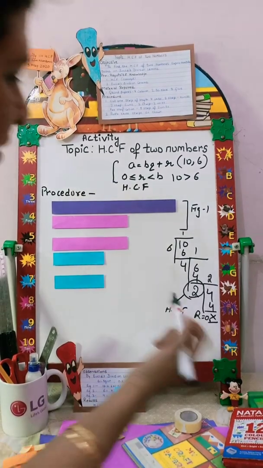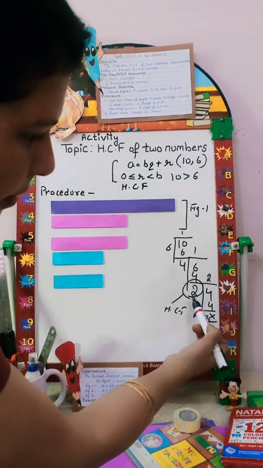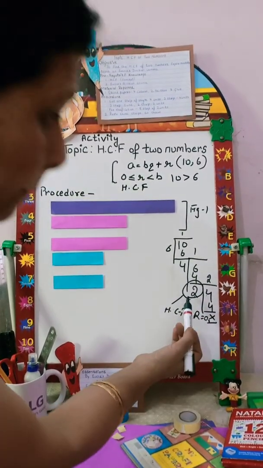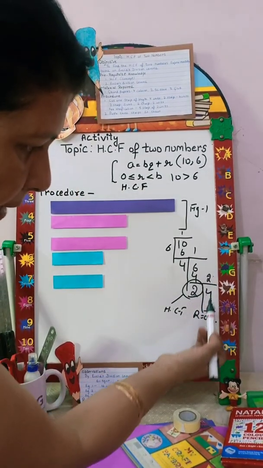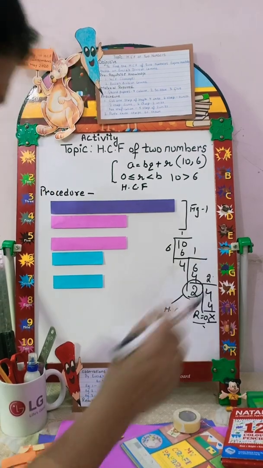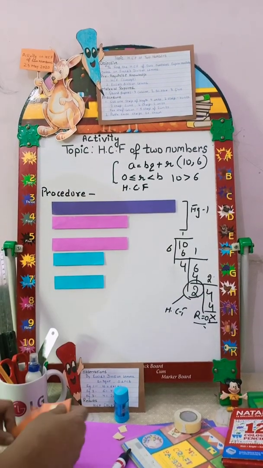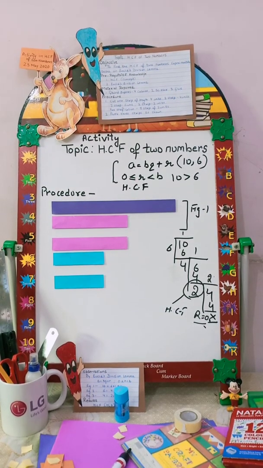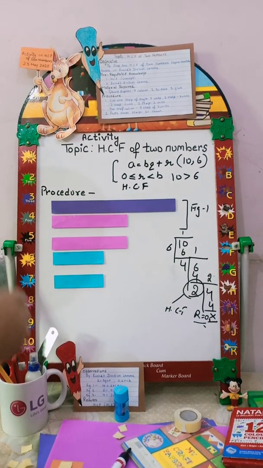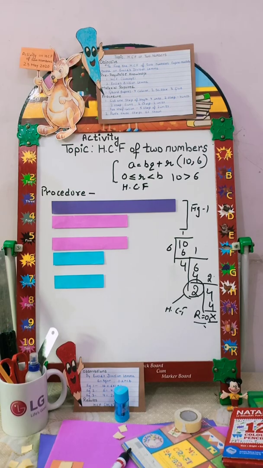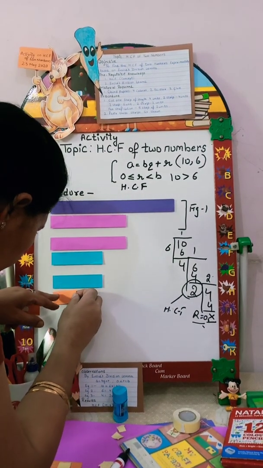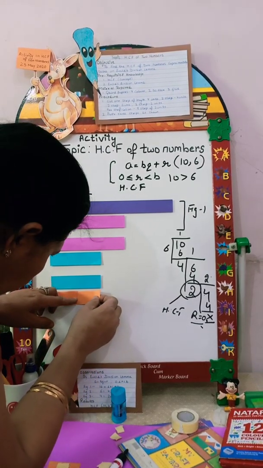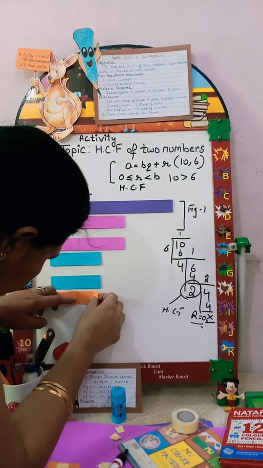In this step I am applying the lemma for 4 and 2, and it divides completely. 2 multiplied by 2 is equal to 4, so our remainder is 0. Now my 4 centimeter strip is divided into 2 equal parts of 2 centimeters. This is 2 and this is 2.